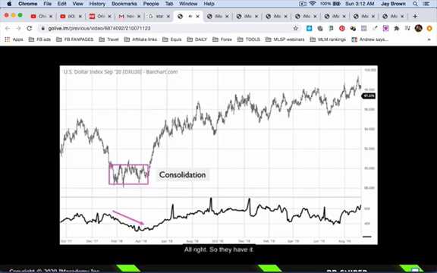And that consolidation, once price was able to break out, you can see that the dollar index, once it finally left that 90 level, if you look all the way on the right side of the chart, went almost all the way to 100 just based off of this data.